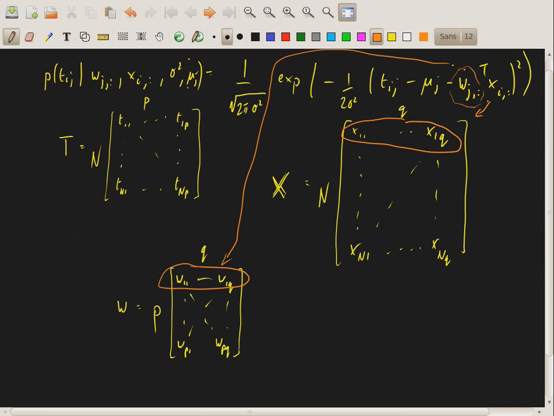What it's then saying is that this guy is given by the inner product of this vector and this vector, plus some noise. The inner product of this vector w_j colon and this vector x_i colon. So t11 would be this vector and this vector. t12 would be this vector and this vector below.